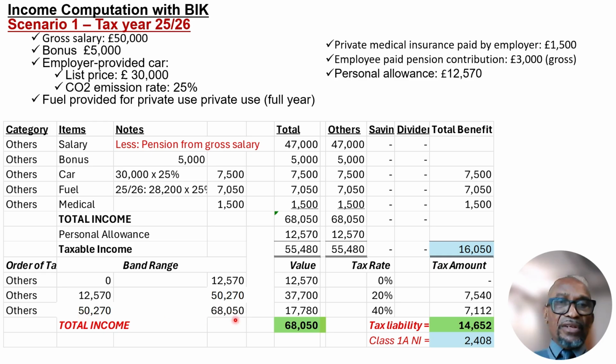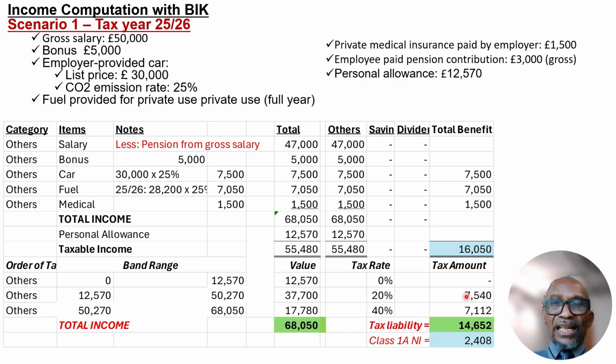So 68,050 less 50,270 gives us 17,780 value to be taxed at 40%, and that gives us 7,112 tax. So if you add up all this value, you will see it agrees to your total income, though the personal allowance value is not taxed. But why I put this is to check to make sure you are doing well. I'm happy. All my bands and the values have been correctly extended.